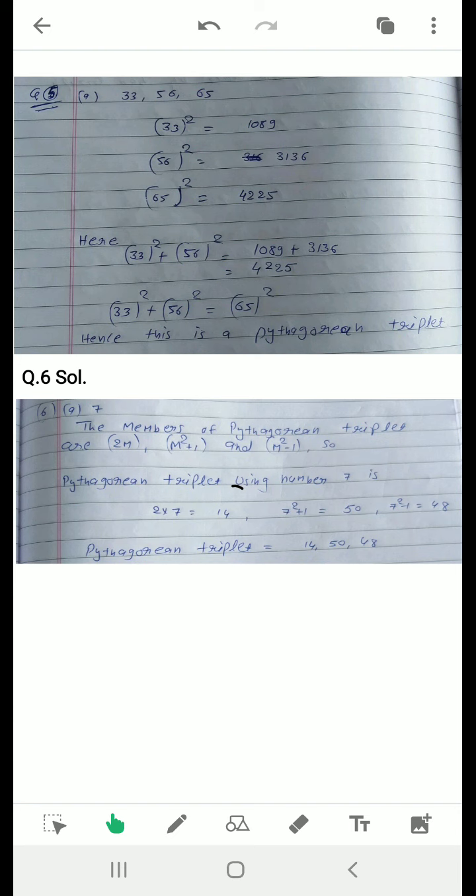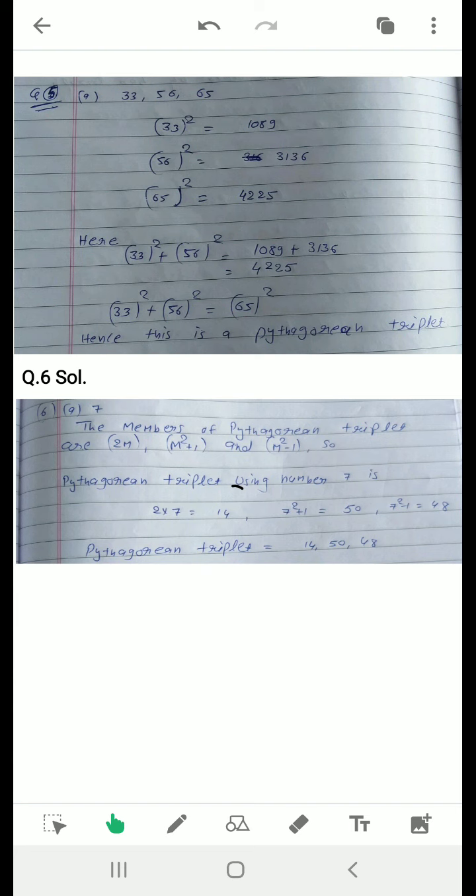The largest number, first I will find the square of all three numbers. 33 square is equal to 1089, 56 square is equal to 3136, and the square of 65 is equal to 4225. Now I will try to add the squares of the two smaller numbers, and if I add 1089 and 3136, I get 4225.